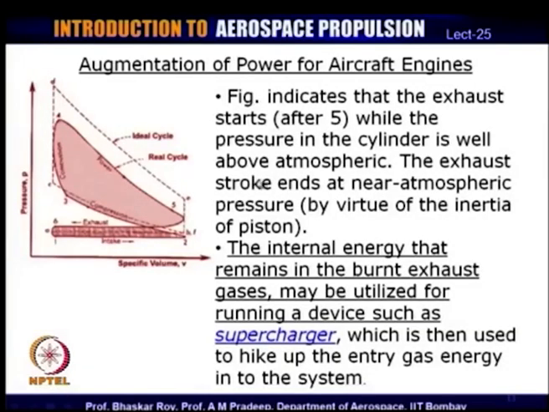Now, one of the ways of getting around this is by what is generally known as augmentation procedure, and in this an attempt is made to raise this intake pressure to a higher level through a process which is known as supercharging, and a device that is called supercharger, which raises the intake pressure to a higher value.